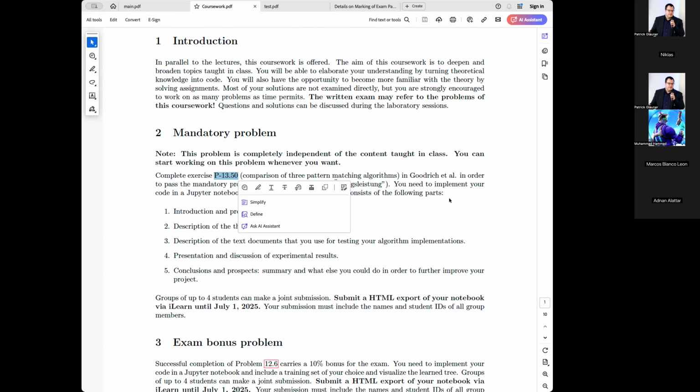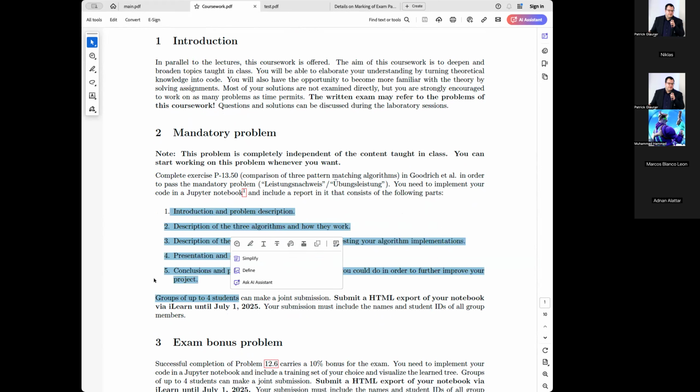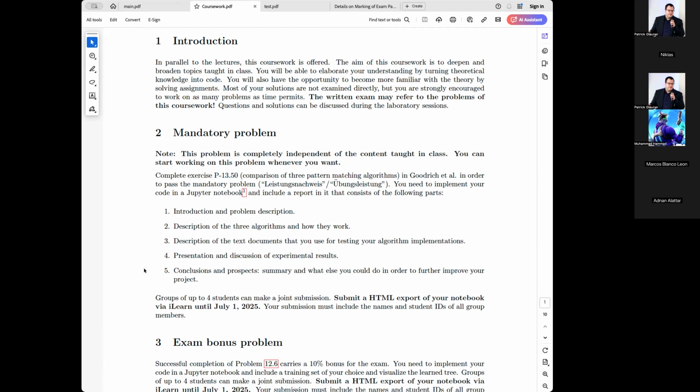It's a project about pattern matching algorithms, which we don't discuss in the lecture. You need to read a few pages in the book about the pattern matching algorithms and then implement them and do a couple of other things like write a report. You can do this in a group of up to 4 students, but I've discussed this in detail today in the lab session. So feel free to look at the recording.